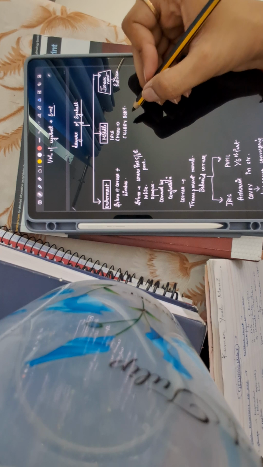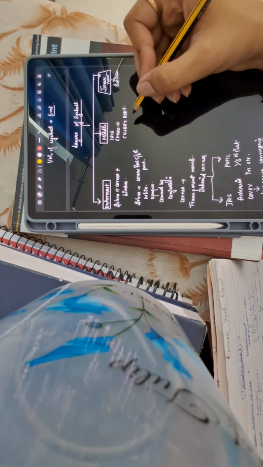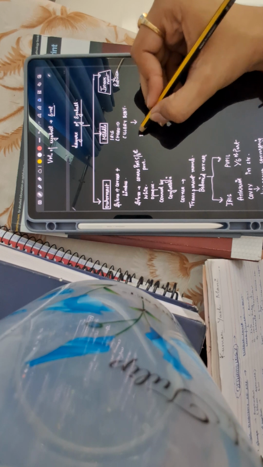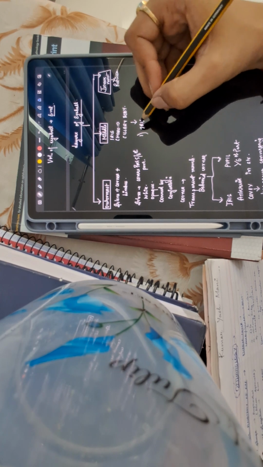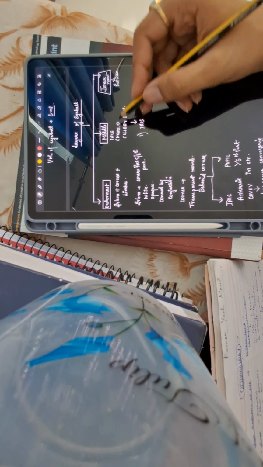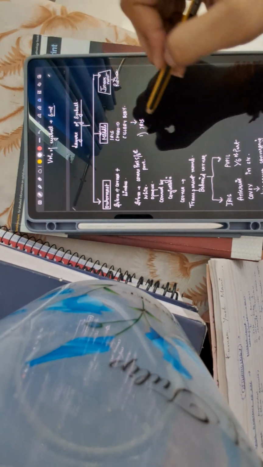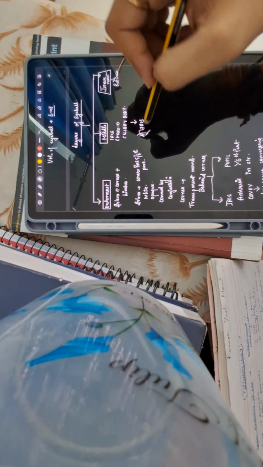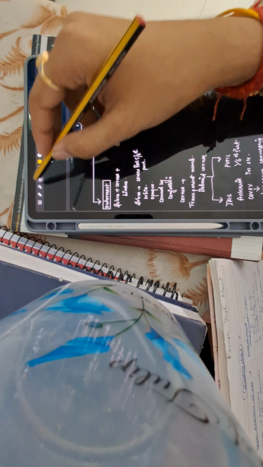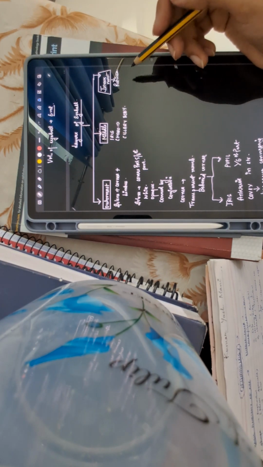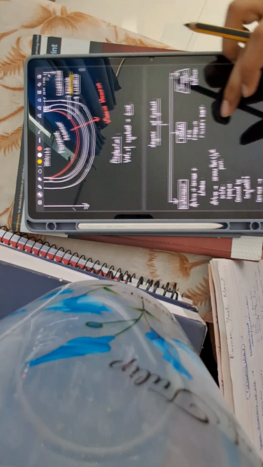Then this is the middle layer, and this middle layer consists of the iris, ciliary body, and choroid that we have already mentioned. And the innermost layer has the retina itself. So that's what the layers of the eyeball are.